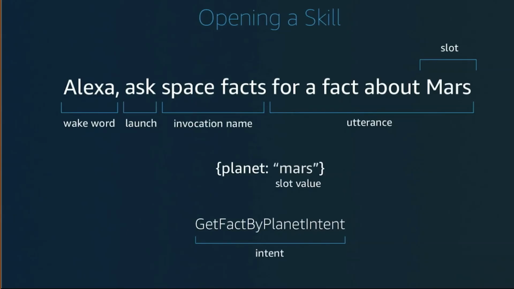In this case, we want to have a slot called planet, because we want to be able to give a fact about a specific planet. Slots can be built in, which Amazon has pre-trained on various models, such as animals, names, cities, or they can be custom and made by you.